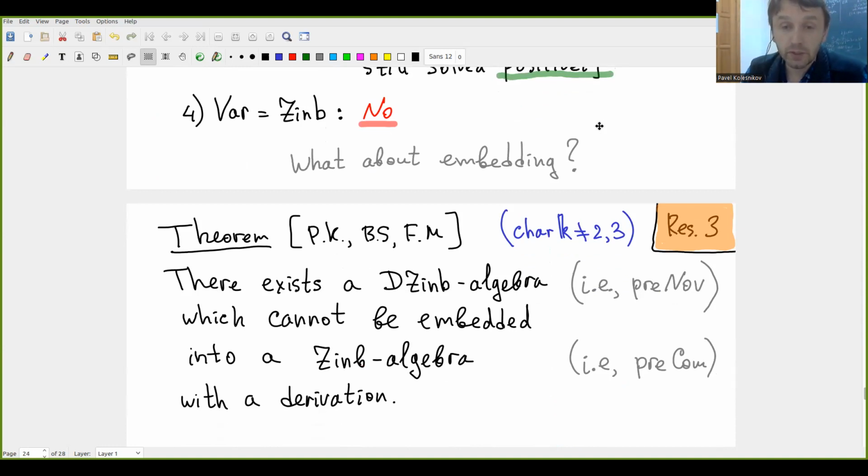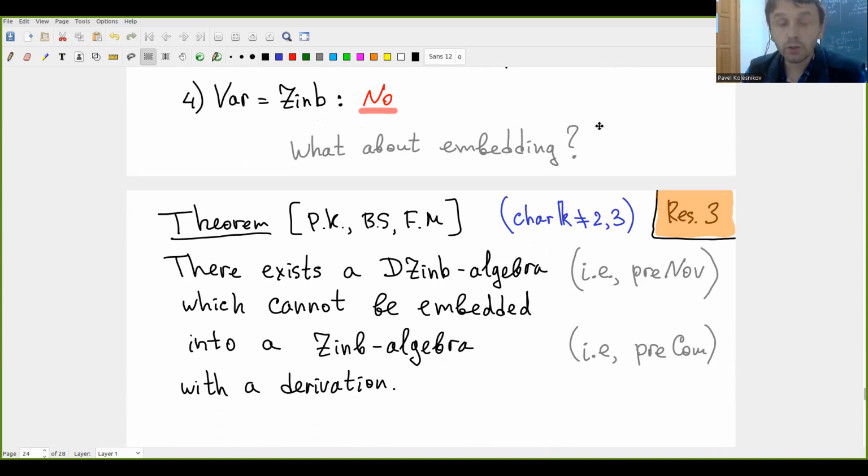It was quite unexpected because usually all those general properties that hold for ordinary algebras also hold for pre-algebras. Like a pre-Lie algebra can be embedded into a pre-associative algebra and all that stuff. But it turns out that for Novikov algebras, we have a negative answer. A pre-Novikov algebra cannot be embedded into a pre-commutative algebra with a derivation.